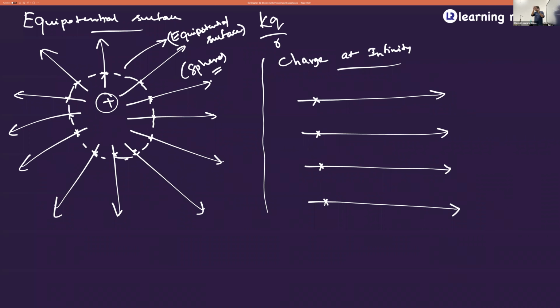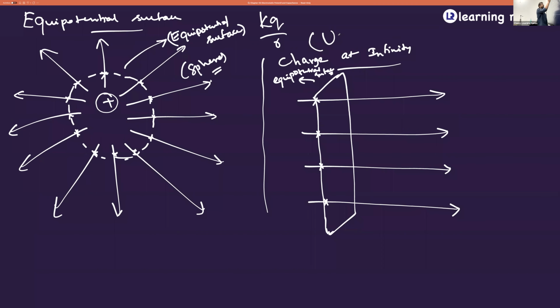When you join those two, you actually get a plane, and this plane surface is going to act as the equipotential surface when the charge is placed at infinity, or to be more specific, for uniform electric field.